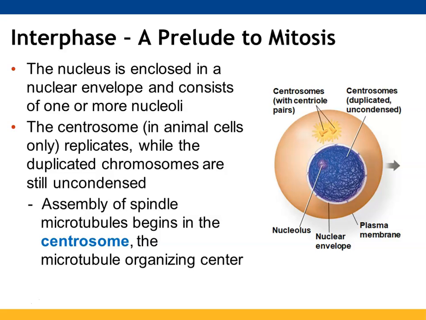The centrosomes start to assemble microtubules, and that's one of the names for centrosomes, the MTOC, Microtubule Organizing Center, which are going to help with separating the chromosomes and pulling them into new cells. And it'll also help expand the cell to make it easier for the cell to divide and be of a decent size.